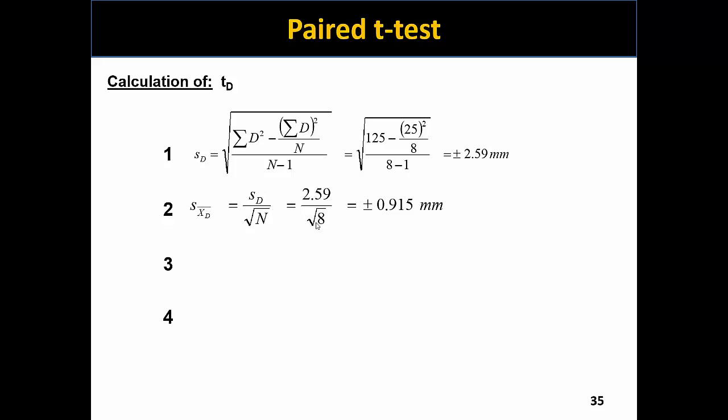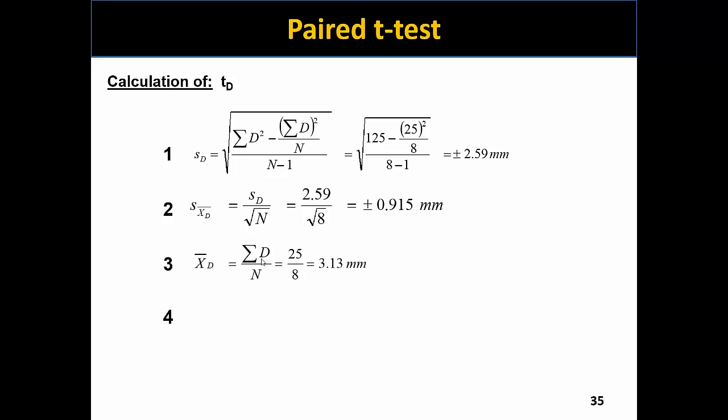So we square root the sample size, and we end up with a plus minus of 0.915 millimeters.